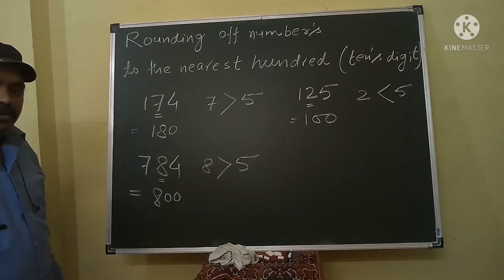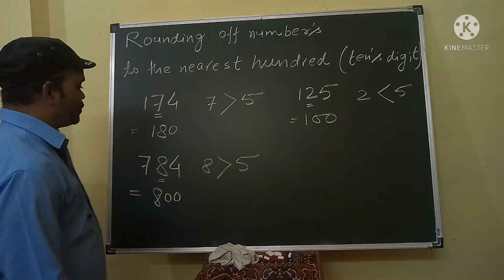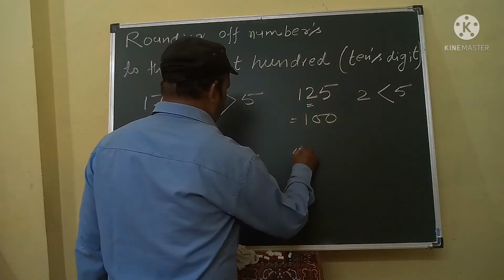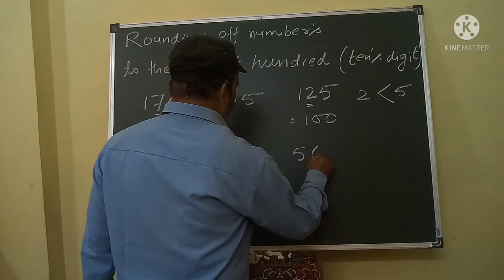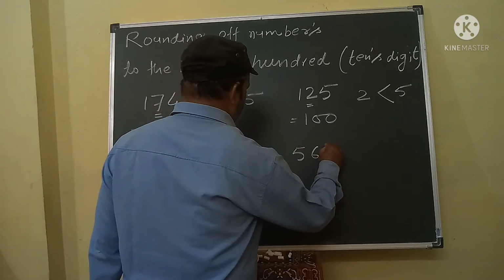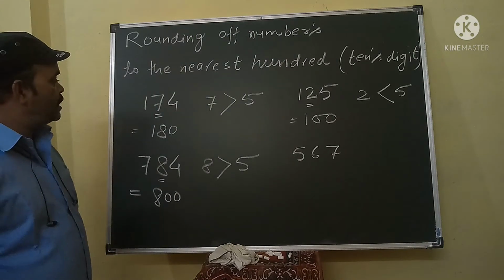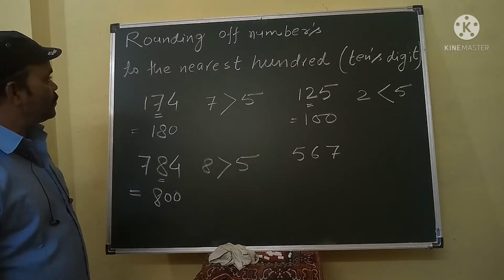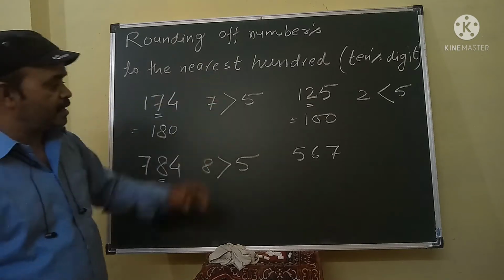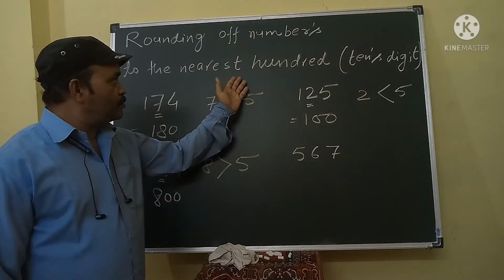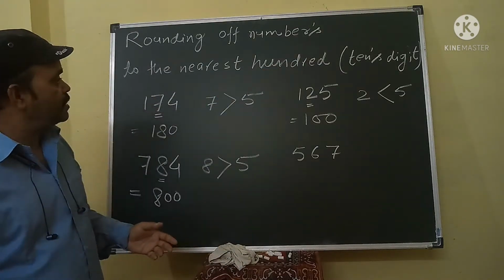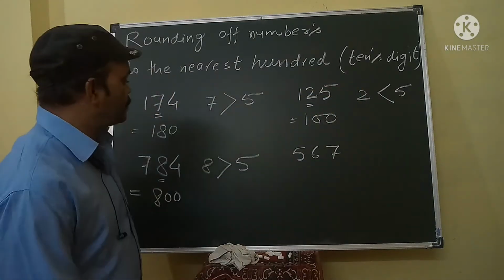I want to give one more example. Suppose this is 567, and you will find the rounding of the number to the nearest 100. To the nearest 100 we will find the tens digit value.